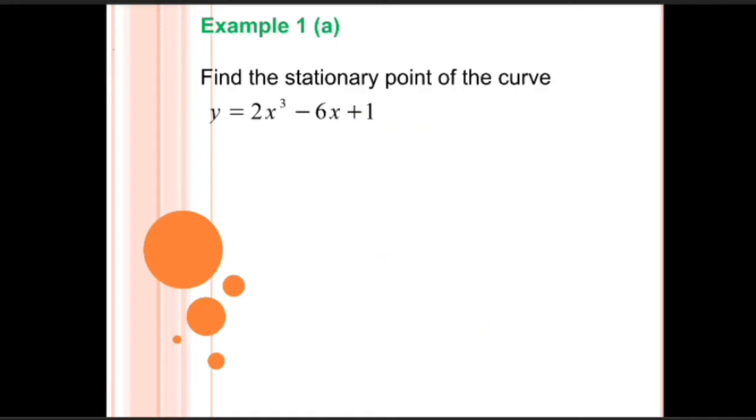Let's look at example 1a, finding the stationary points of the curve. Remember, when you see the word stationary, you have to remember the gradient dy over dx is equal to 0. So how do we find that point? We have the equation y, so we just differentiate y as usual: bring 3 to the front, multiply with 2, x is power 2 left, and then behind it will just be negative 6.